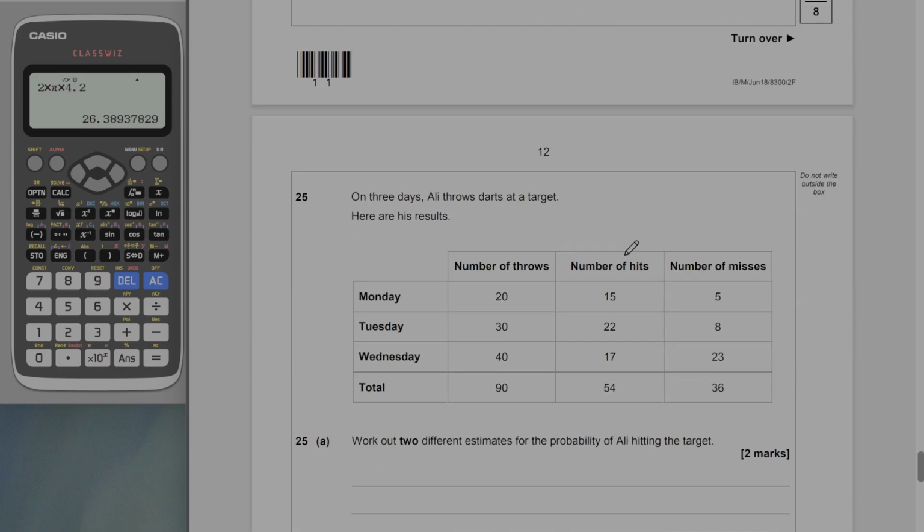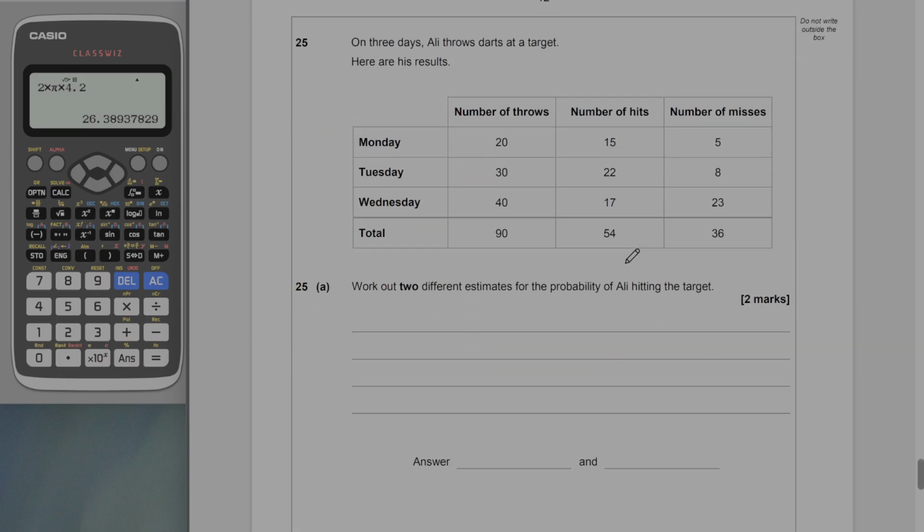Okay, question 25. On 3 days, Ali throws a dart at a target. Here are his results. Work out 2 different estimates for the probability of Ali hitting the target. Right, so I'm going to go for the most accurate first of all, which would be this one here. So number of hits divided by number of throws.